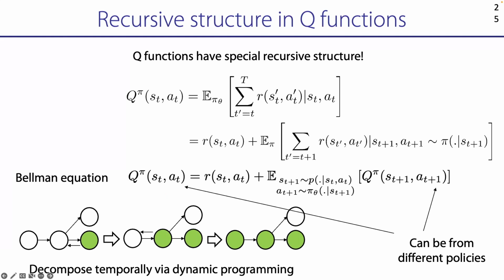And then the second thing is that this is true even if a_t is coming from a different policy than pi theta, right? This is true because you're allowing this action to be any action, even if a_t has really low likelihood under pi theta. And that's going to be the important bit to allow it to be off policy.